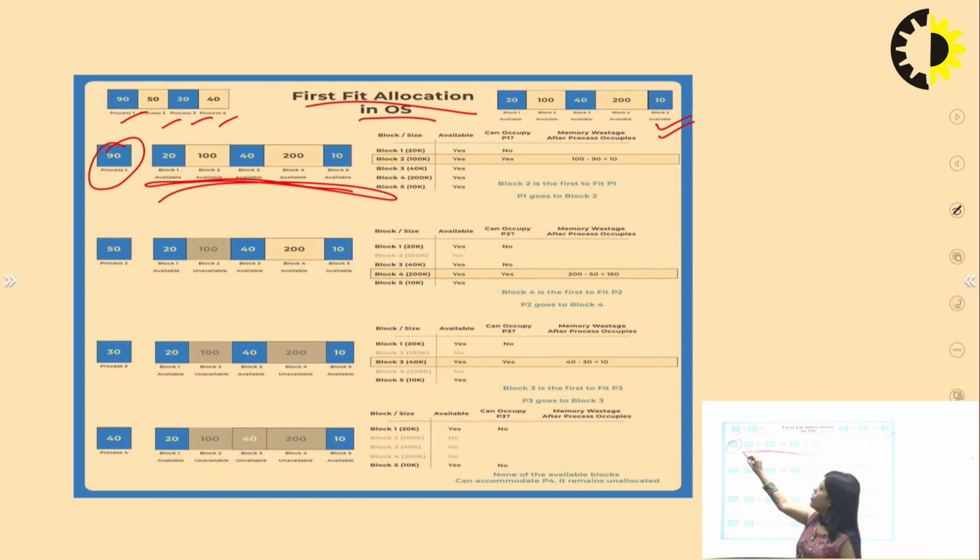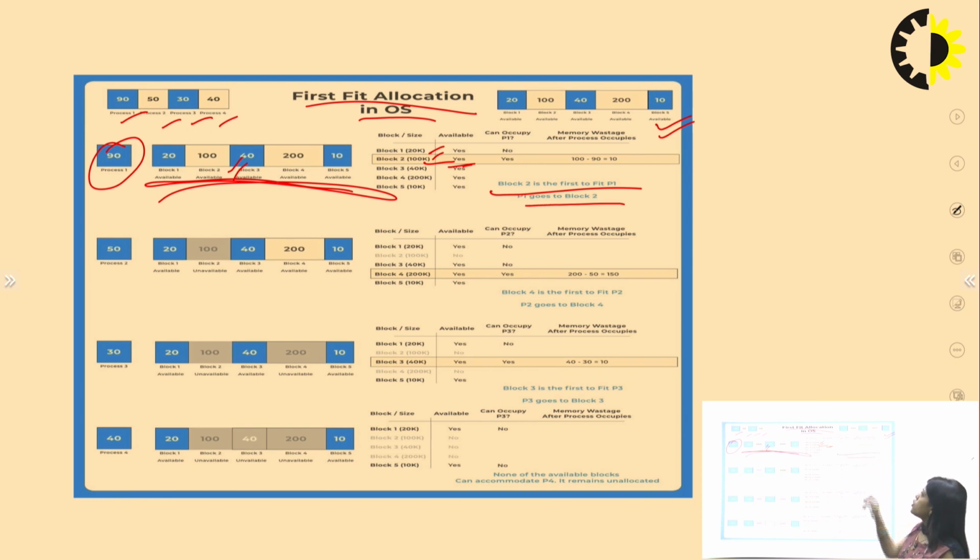The first block is 20K, so 90 cannot be accommodated in it. The second block is 100K, which is available, and the process size of 90 KB can be accommodated in that block. So block 2 is the first fit for P1.